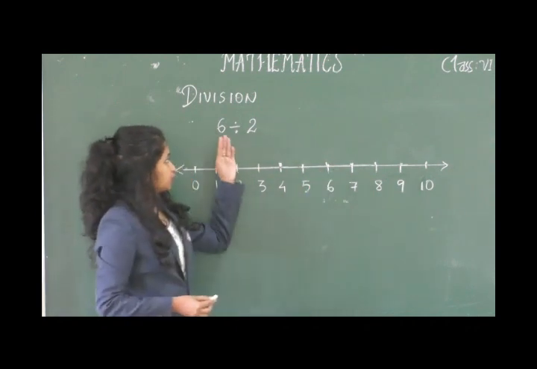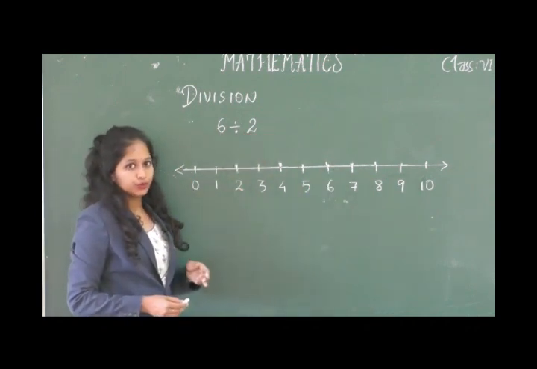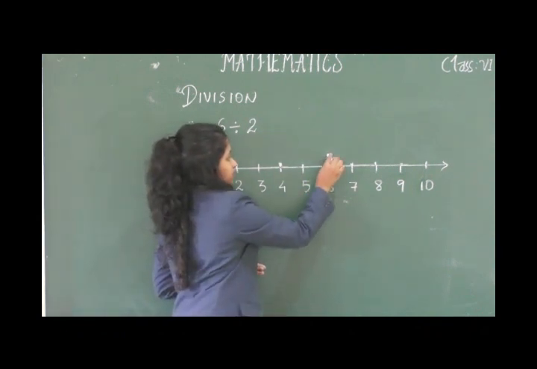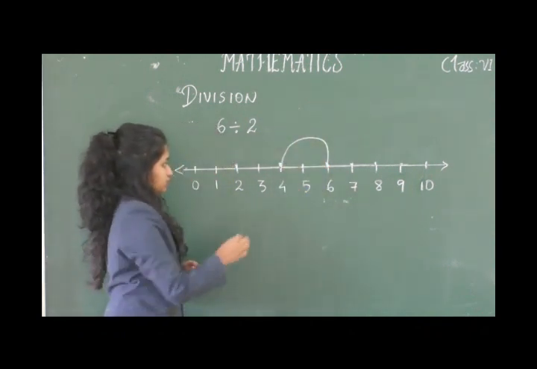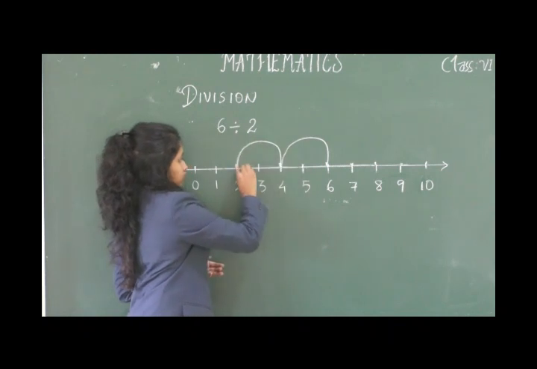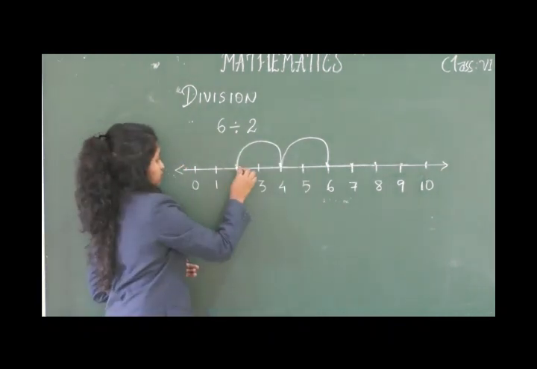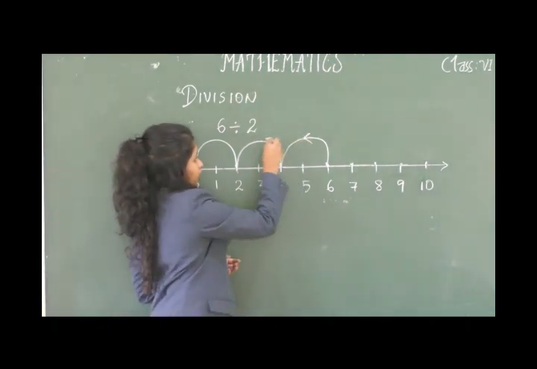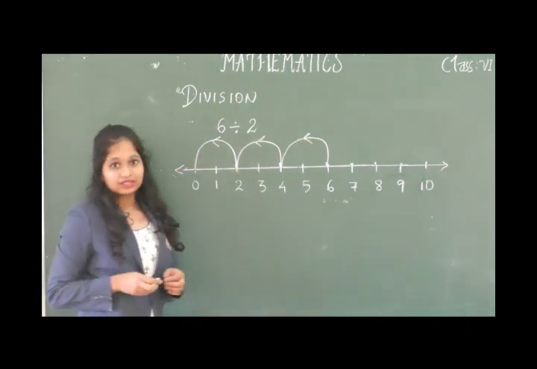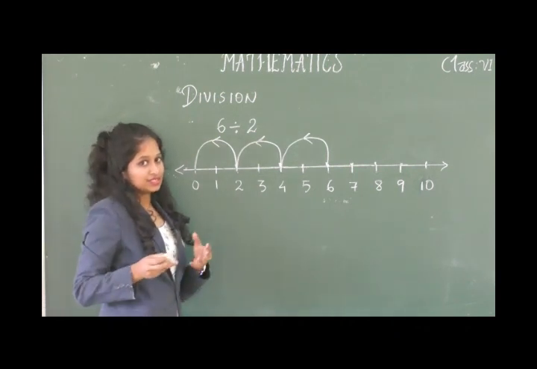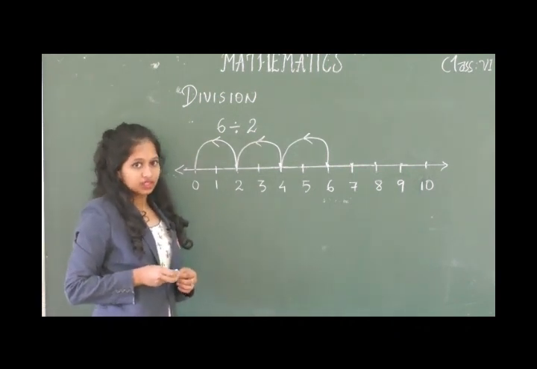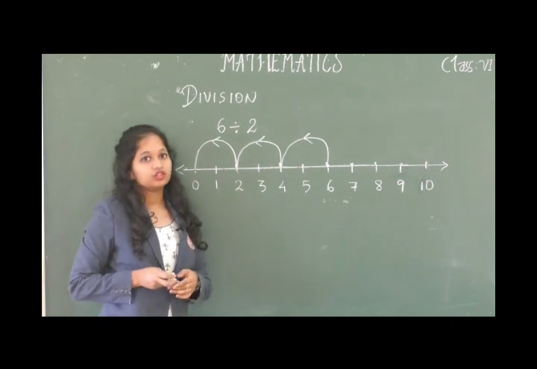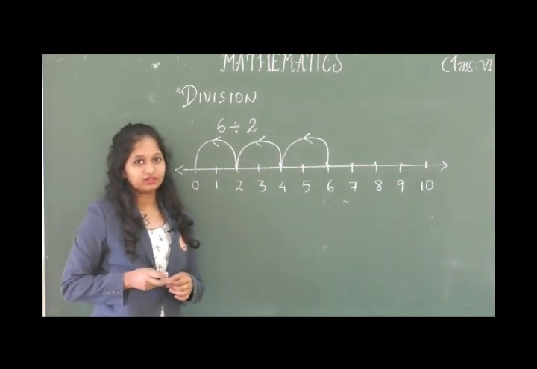We have to divide 6 by 2. That means jump once, twice, thrice. Here, how many jumps are there? 3. So, 6 by 2 is 3, and this is the way to represent it on a number line.